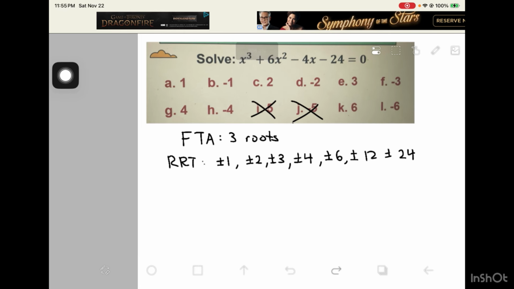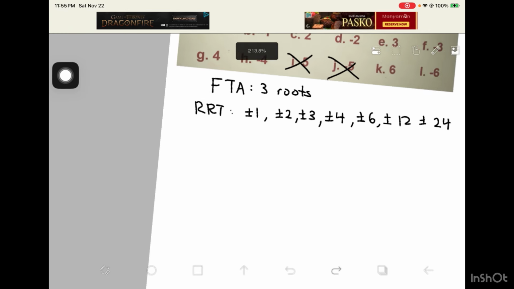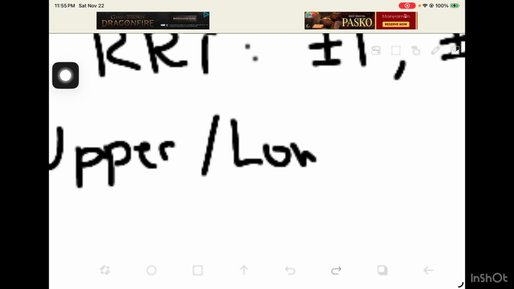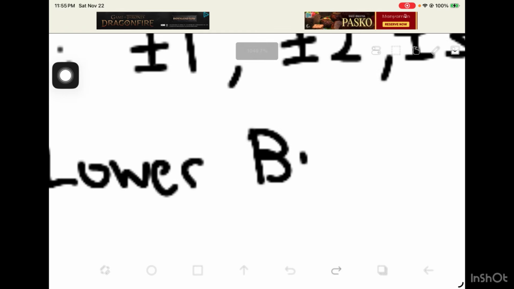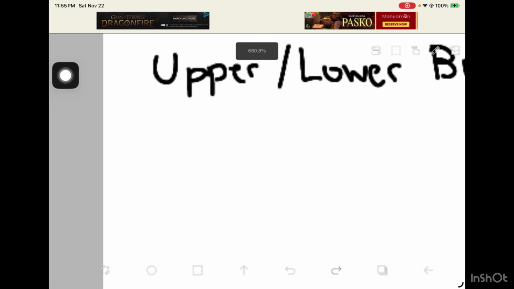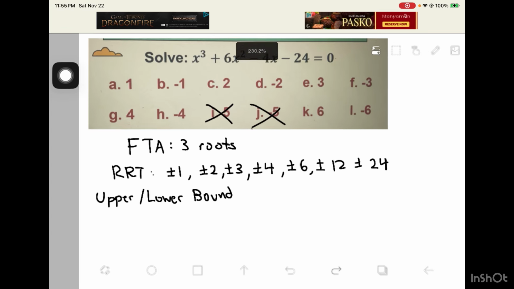Okay, what can we do? We can try to apply another theorem. It's called the upper and lower bound. It's an upper bound if, okay, I'll use an example.